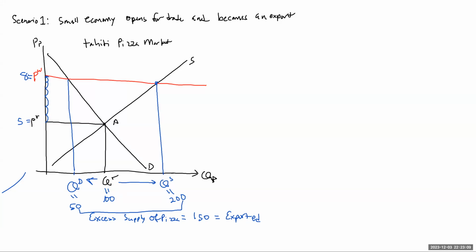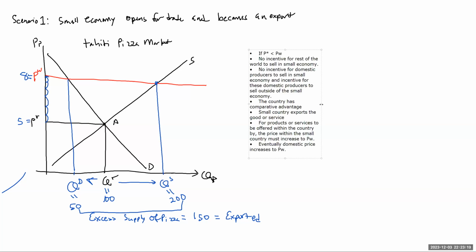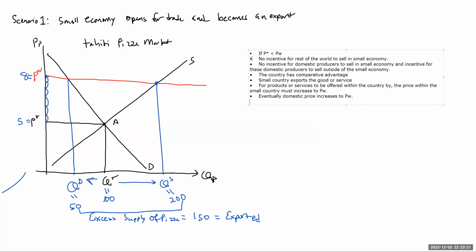All right, so that's what happens. Let me write that out. Copy it from the notes, send it out. When Tahiti opens up for trade, I'm going to summarize what I just said. I wrote it out.